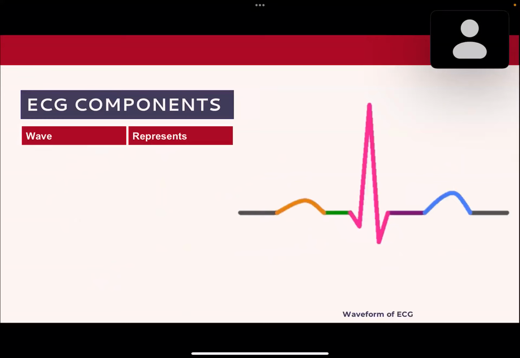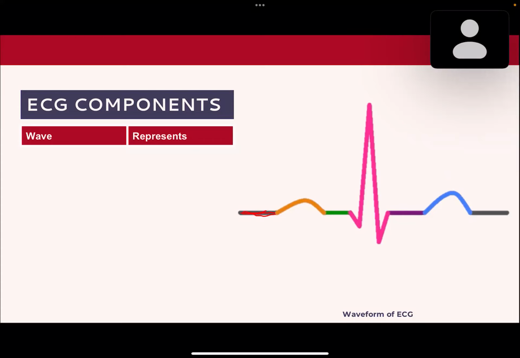Last part of this basics of ECG. You are all masters of this, so it would be very nice if you could help me figure this out. What do we call this line? Does it have positive or negative deflection, or is it isoelectric? This first line.